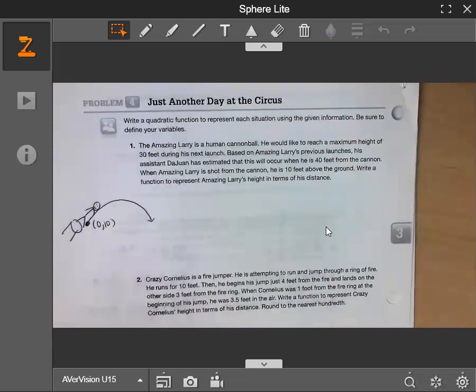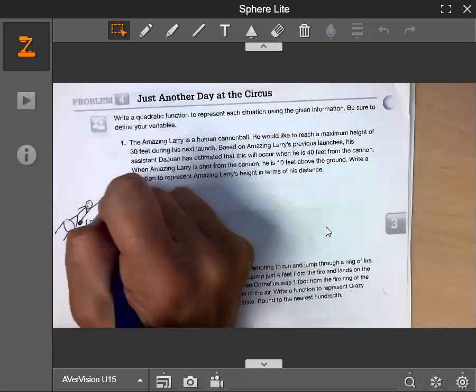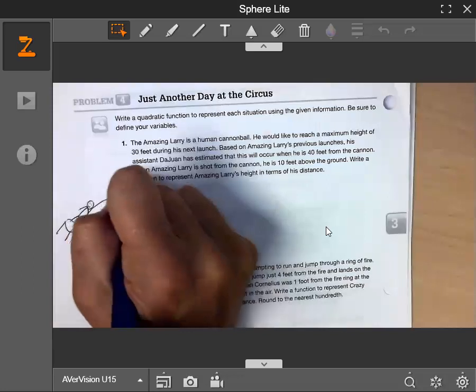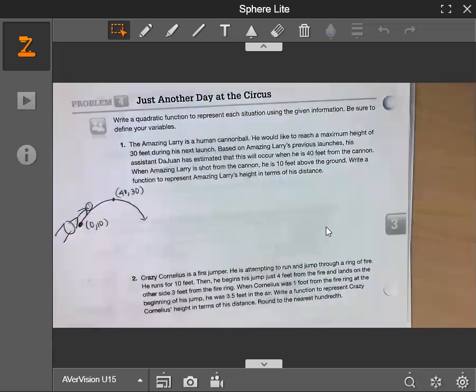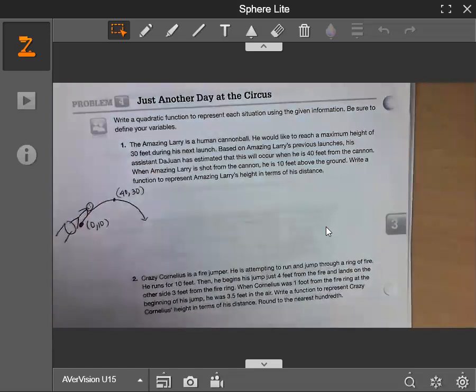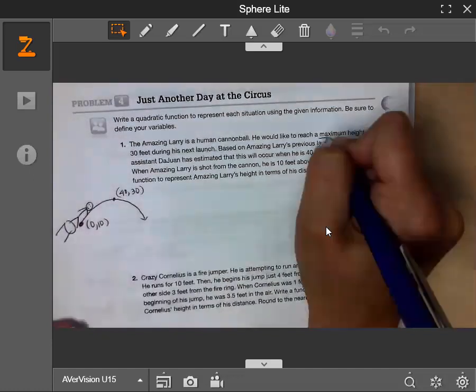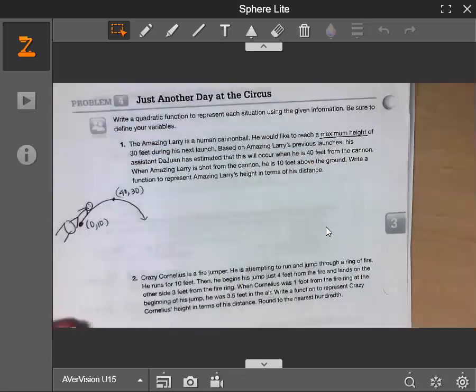The next thing it tells us is that when he's 40 feet from the cannon, he's 30 feet in the air. It tells us right here that that was his maximum height, so we know that's the vertex there.